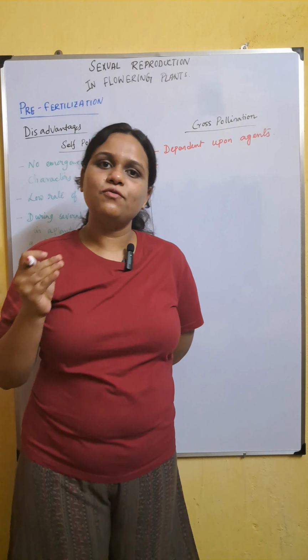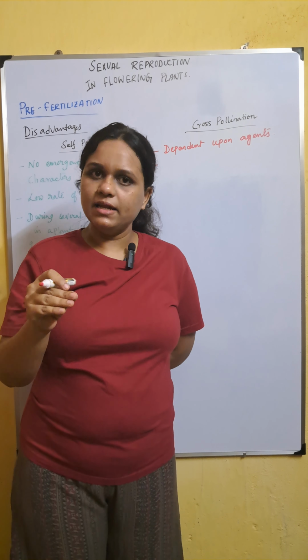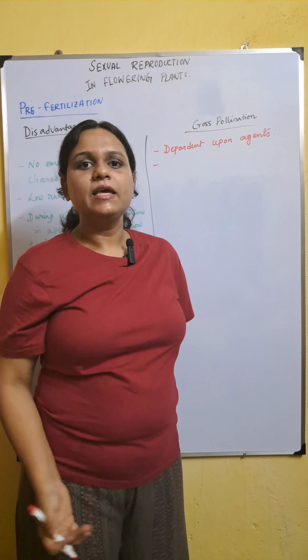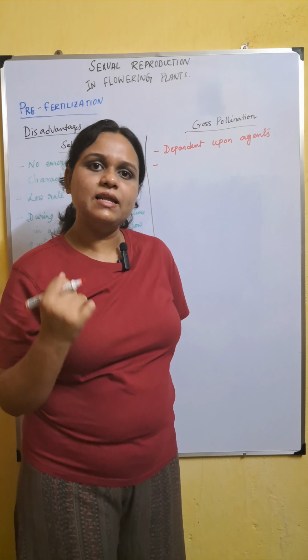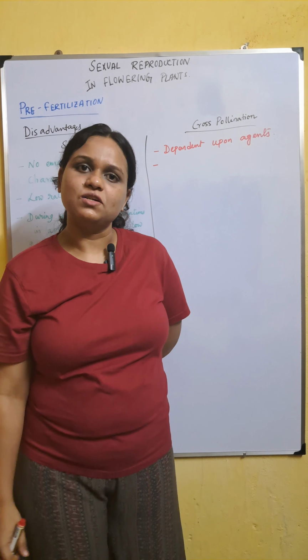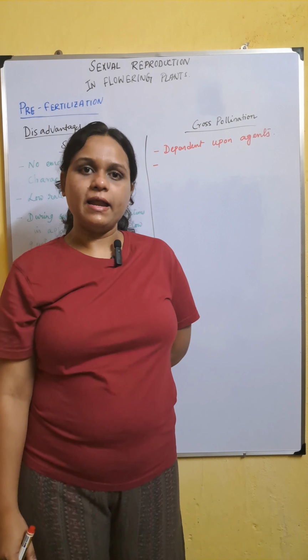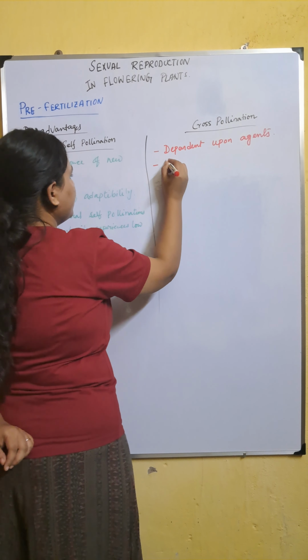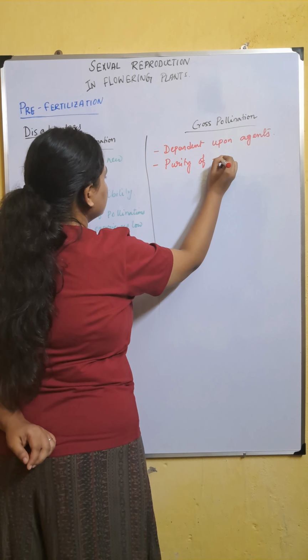If no insect, no bird, or any agent required by the plant comes, the plant will not experience any kind of pollination or fertilization. So it will be a very bad situation for the plant. The purity of the race is lost.